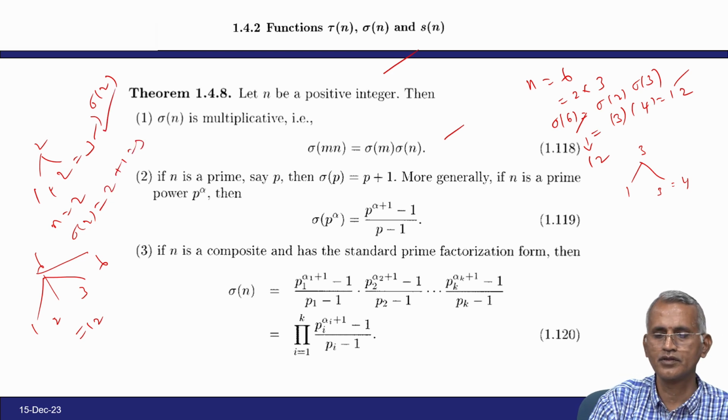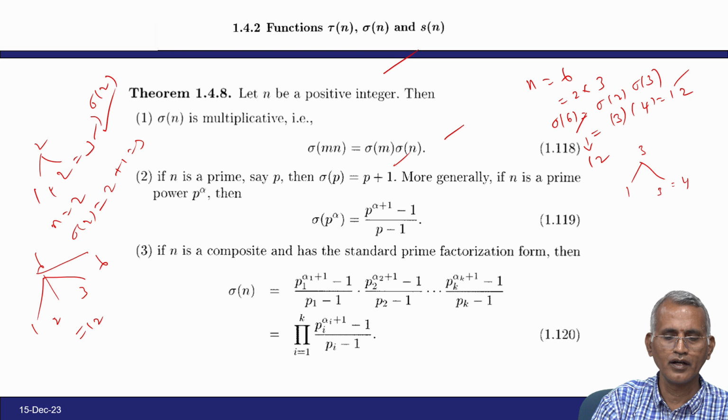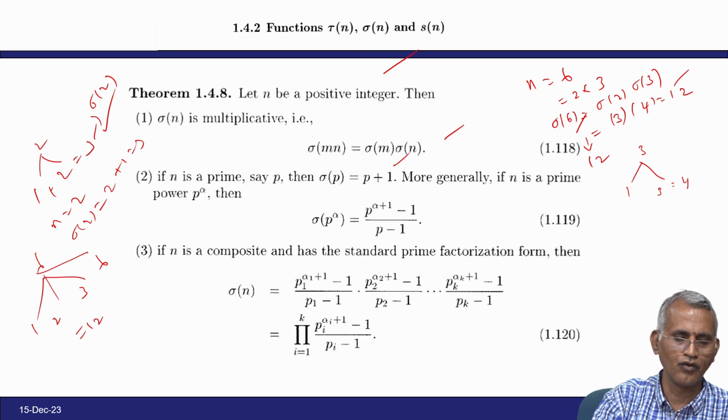So, beautifully it comes. More generally, take 4, what are all the divisors: 1, 2, 4.